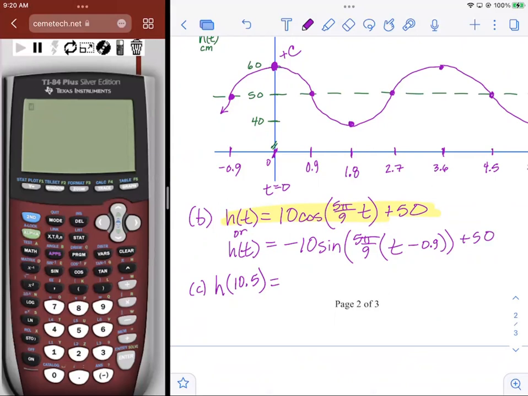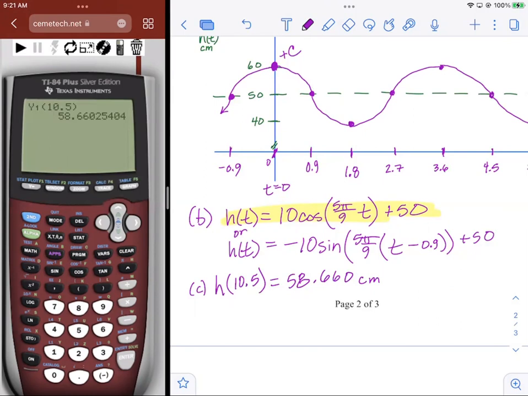Remember, alpha trace gets you to your shortcuts. We have our equation in Y1. I'm going to open parentheses and I'm going to put 10.5 close parentheses, and there it is. So it's 58.660 centimeters. Here's the other thing. You want to put units on all your final numeric answers.